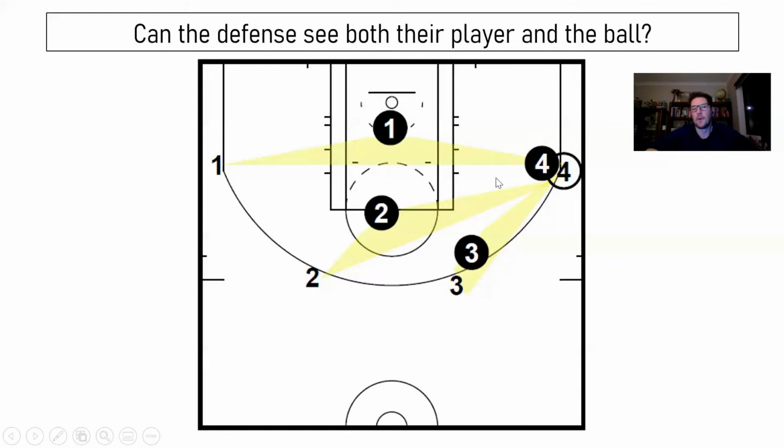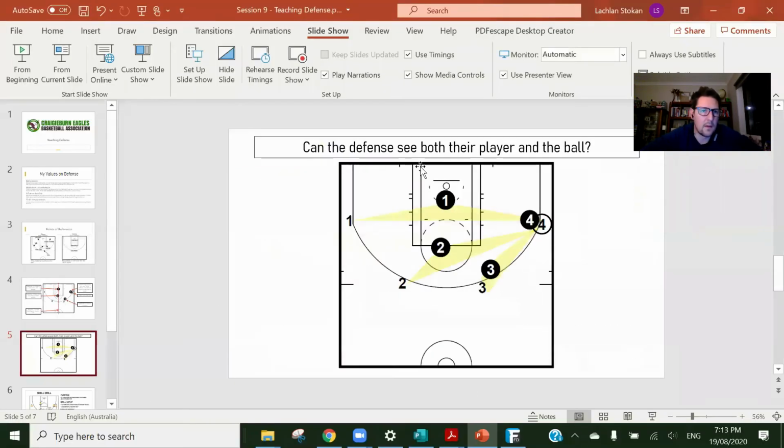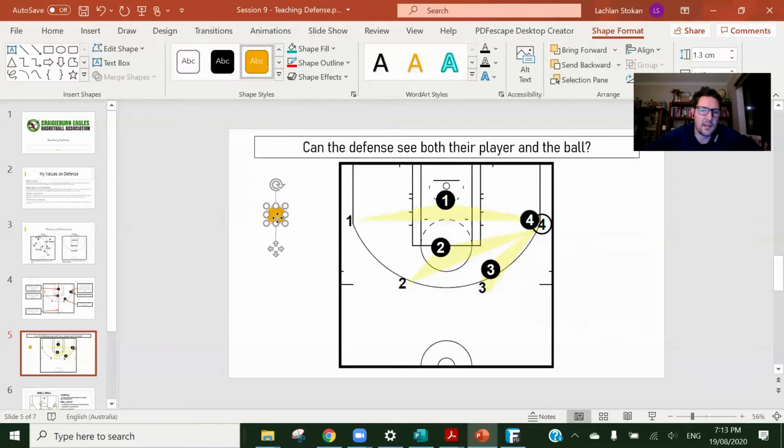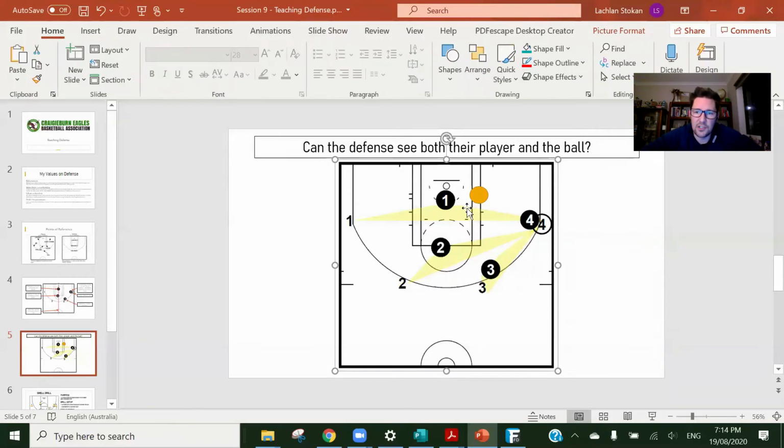Correct. So if we had a post person in, if I can, I'll just insert some sort of shape. So that's your 5 person there. If they were sort of here and the ball was there, I would say the defense should stand in front, and we call that fronting.